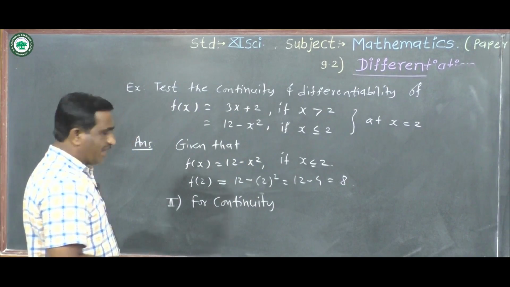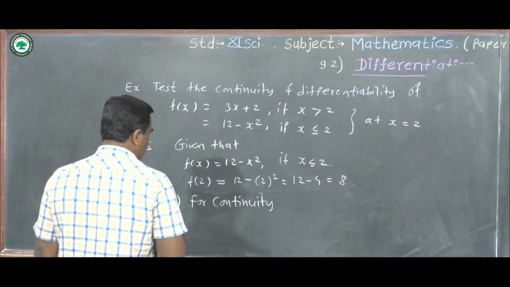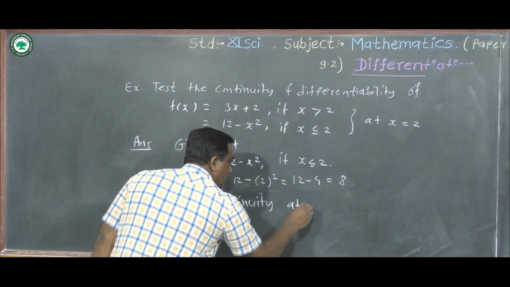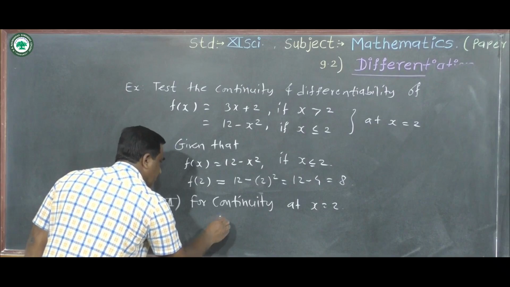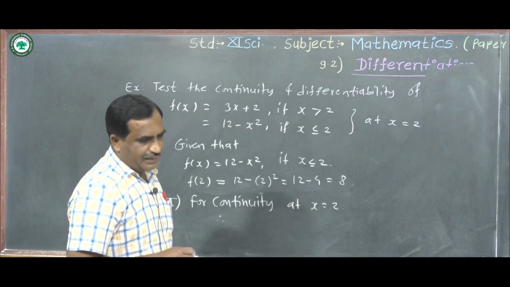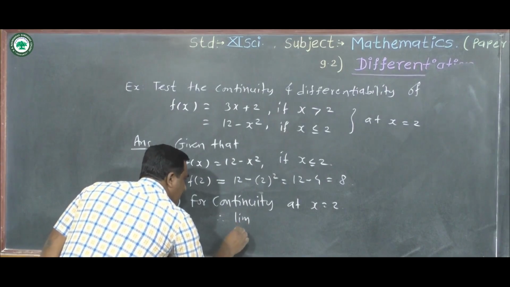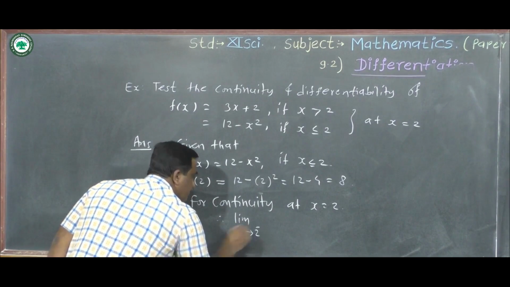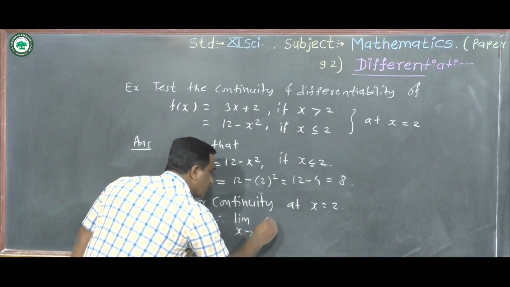Now first we can find the left hand limit, limit x tends to 2 from left, f of x.